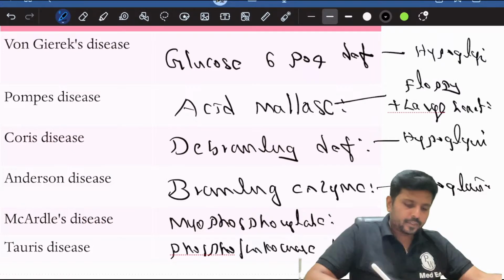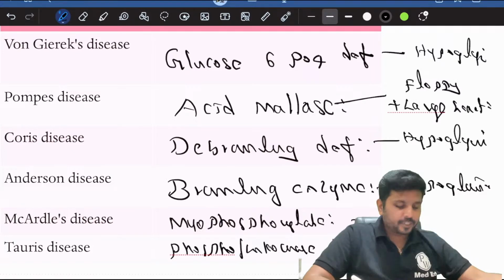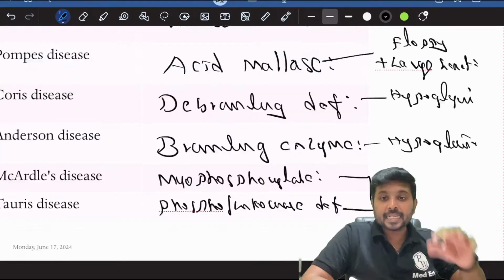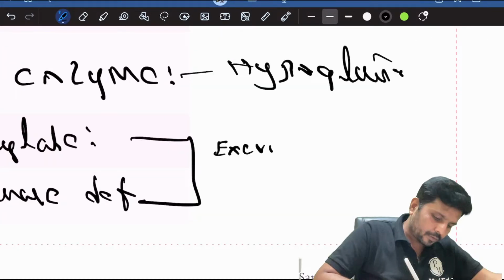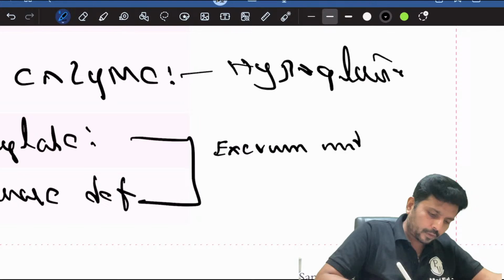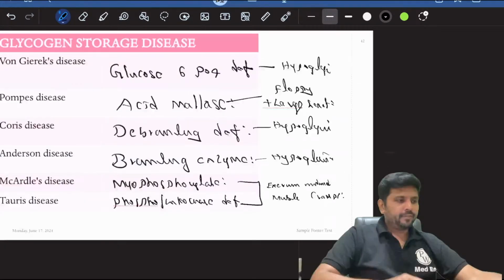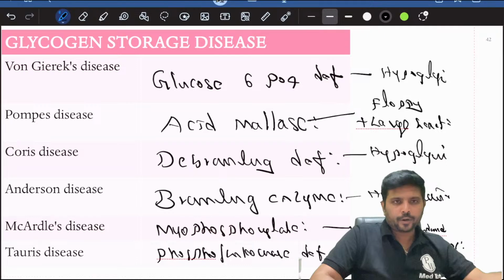McArdle's disease and Tarui's disease mainly manifest with exercise-induced muscle weakness and exercise-induced muscle cramps. Okay, glycogen storage disorders.